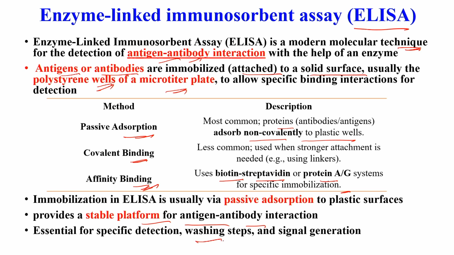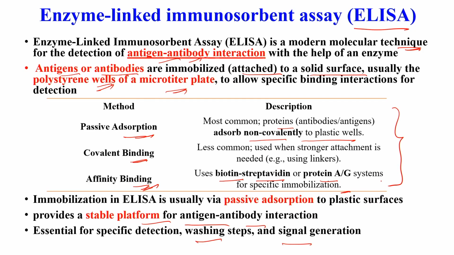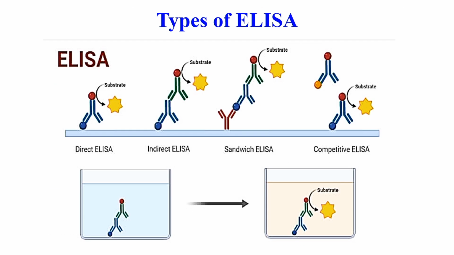Because of the immobilization, it provides a stable platform for antigen antibody interactions, and when you are doing this biochemical reaction, we need to go for washing and reuse. So, this stability on the surface of enzyme is very much essential. So, you can see here direct ELISA, indirect ELISA, sandwich ELISA and competitive ELISA.